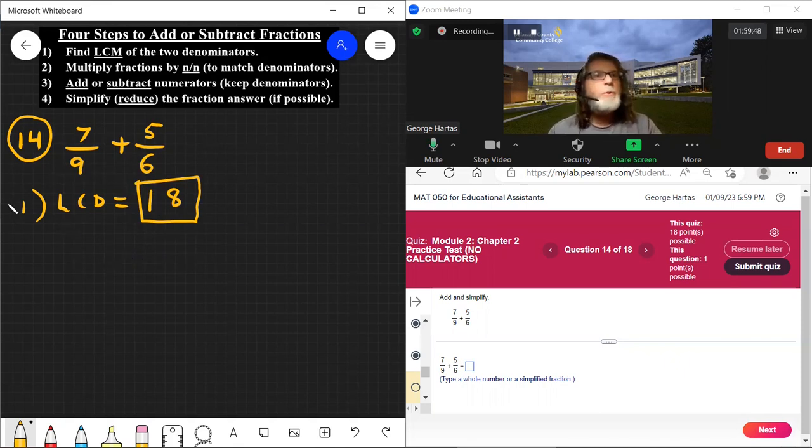All right, step 2. Now notice that neither of the fractions has the LCD, so we have to multiply both by some number to change these denominators to become 18. When you rewrite these fractions, leave space in front. So 7/9, leave some space in the front, plus 5 over 6.